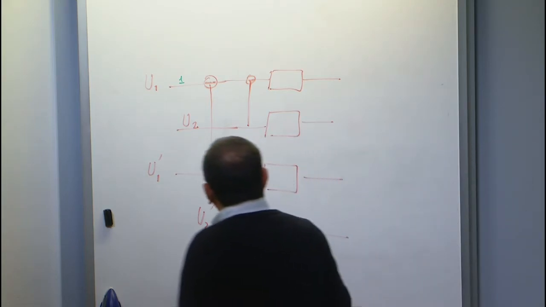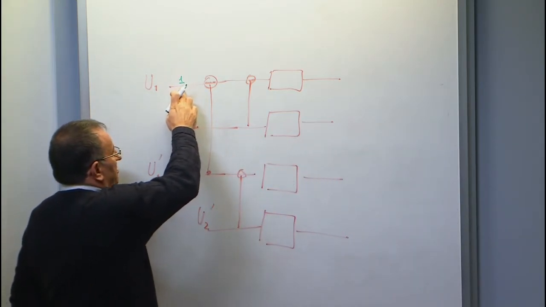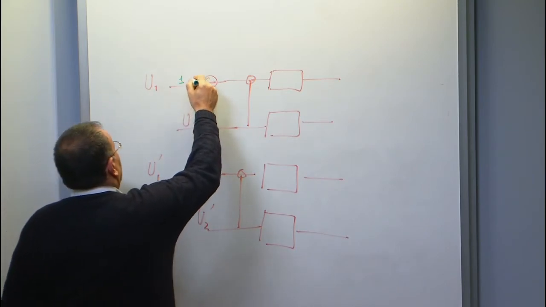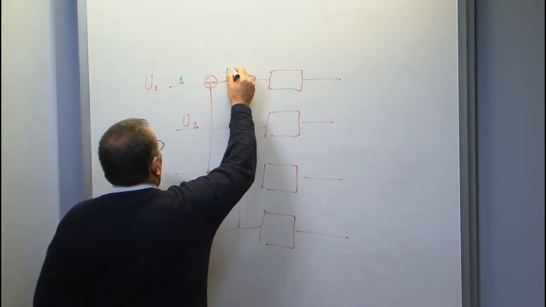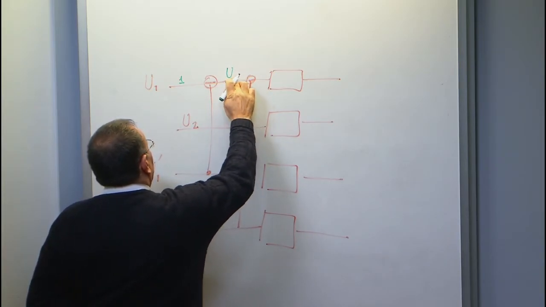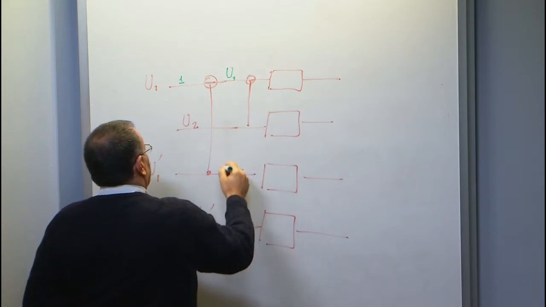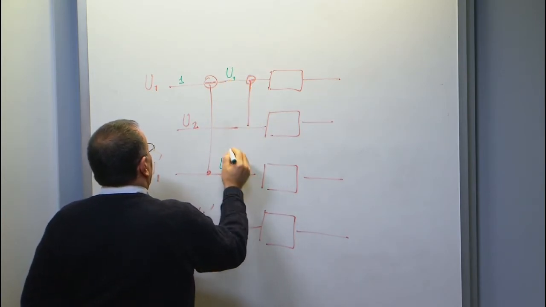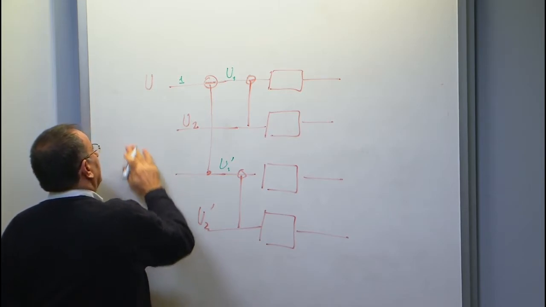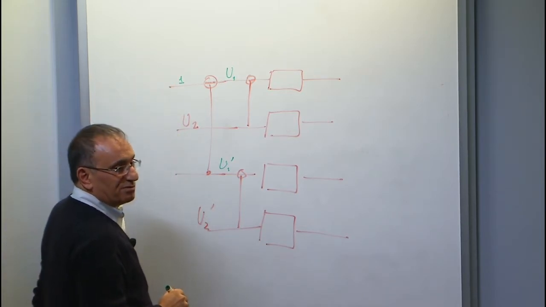I will first decode this one. Why? The U1 was here. Okay, so this is U1 and this is U1 prime. Let's use something else for this. They are no longer the same inputs.